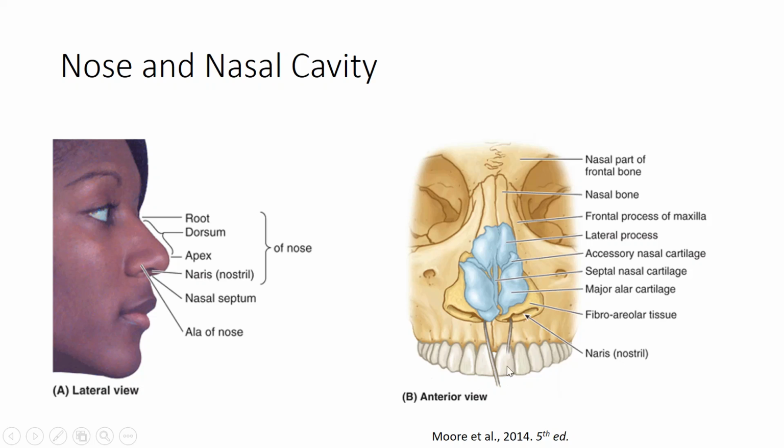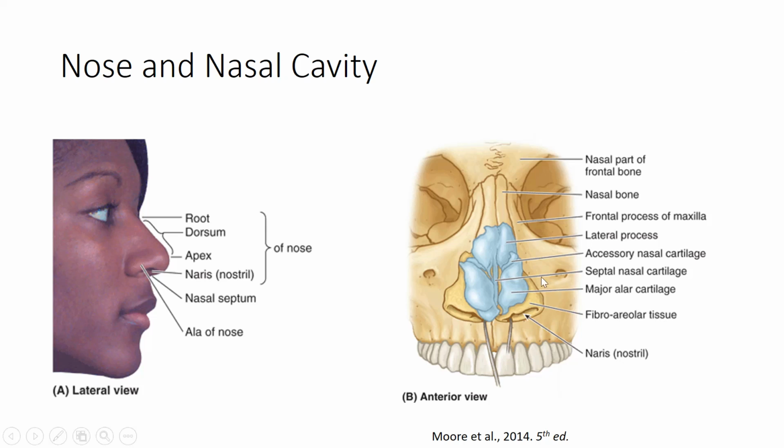So the bony part of the nose will consist of the nasal bones and the frontal process of the maxilla here, then the nasal part of the frontal bone, this one, and also the bony parts of the nasal septum that we will see later on, and the cartilaginous part of the nose, this bit here, is made of 5 main cartilages.